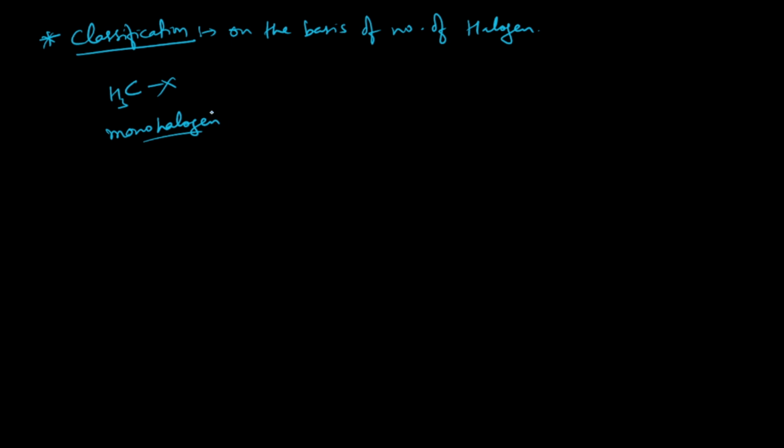In classification, the basis is the number of halogens. Suppose only one halogen is there, we say monohaloalkane.